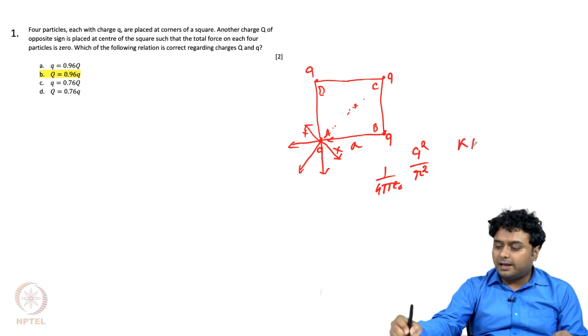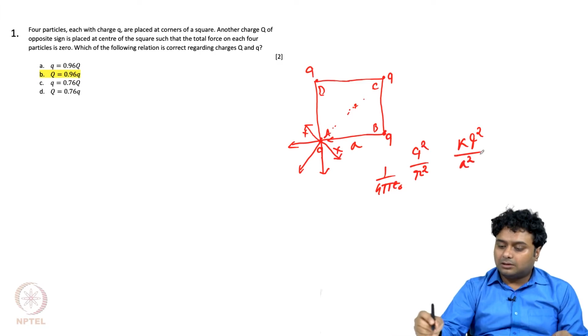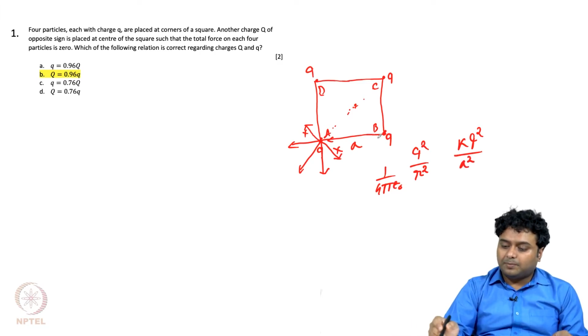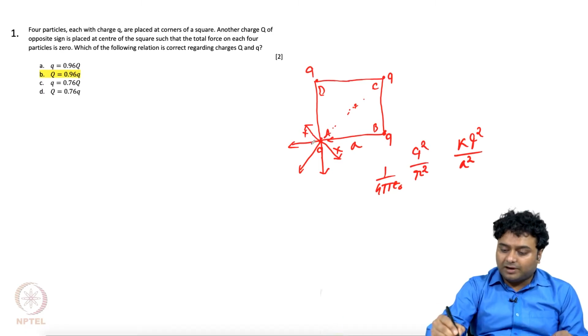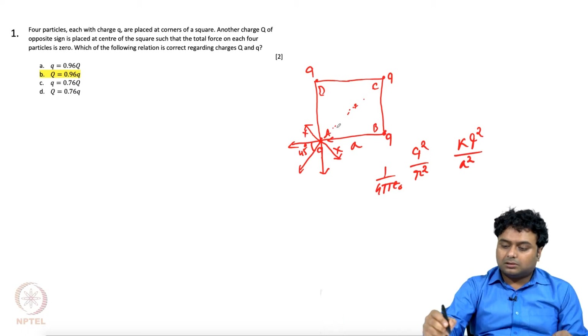So, it is k q square by A square. Now, for B and D, this angle is 45 degrees, because this is along the diagonal.